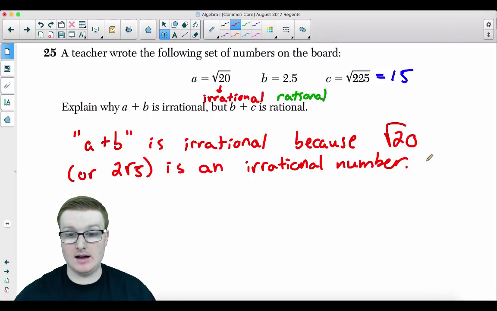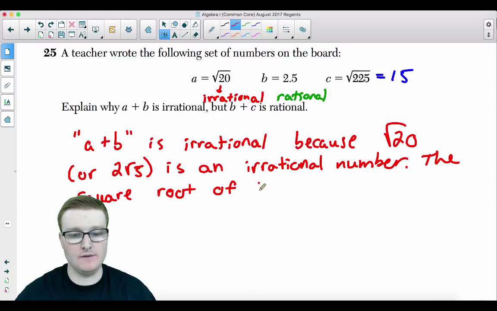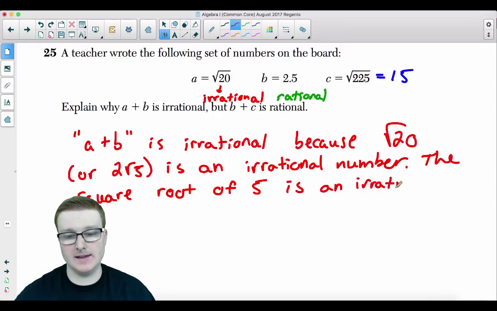The square root of 5 is an irrational number.